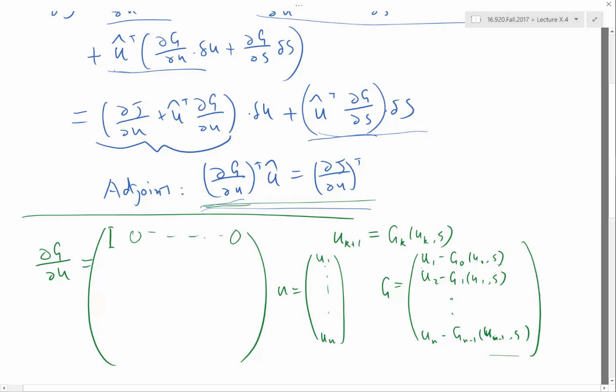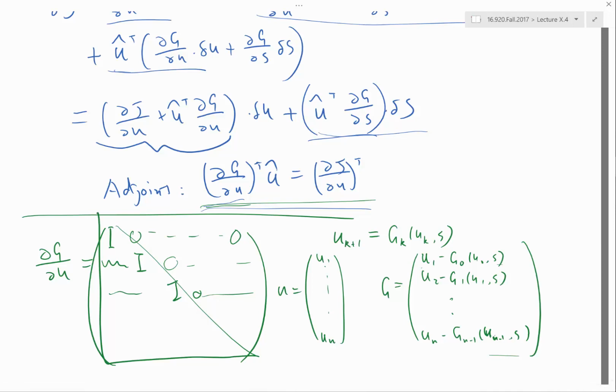Because the first row does not depend on any of the later equations. Now the second row, I have I here and something here, but also all zeros. The third row, I have identity here, something on the left, and all zeros. So basically what I get is a lower diagonal matrix with identities, with ones on the diagonal, right?